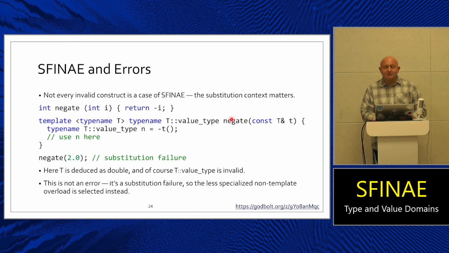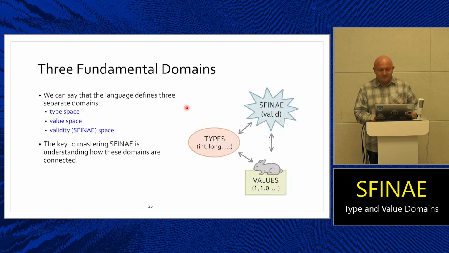So this time the compiler quietly discards that overload and picks the non-template version instead. No error, no diagnostic, just a substitution failure, and the compiler will silently resort to the more convenient overload, like this one. Negate with int, perfectly fine, it's just -2. And that's the moment where SFINAE truly applies. The failure happens during substitution, not later, not during instantiation.